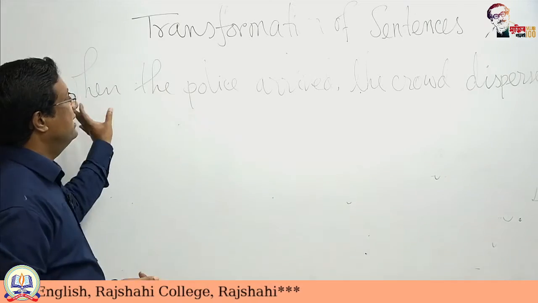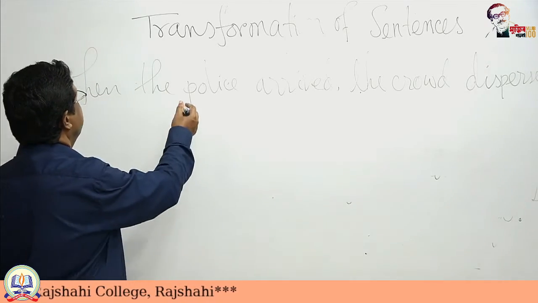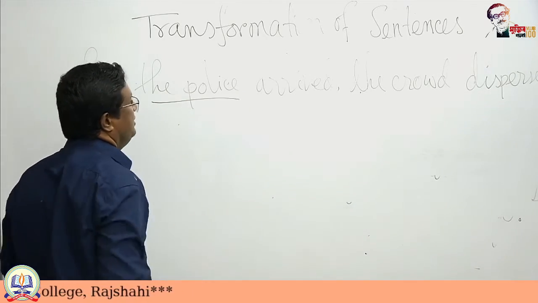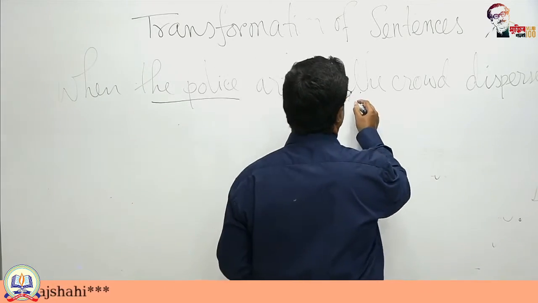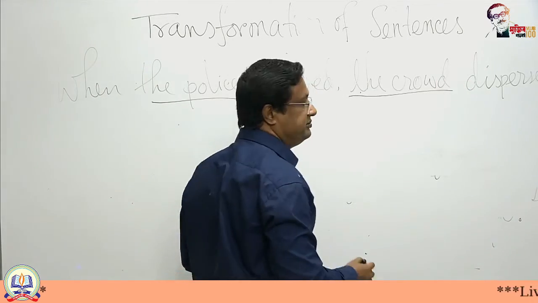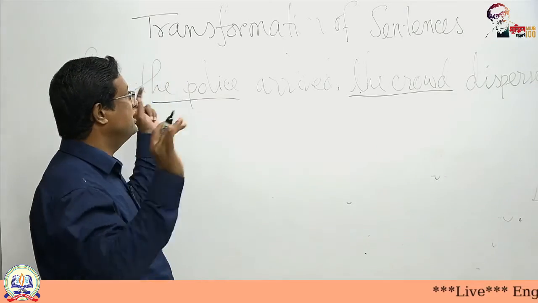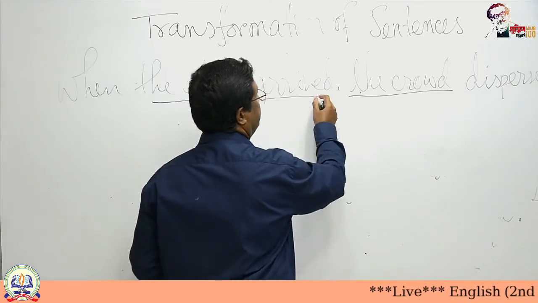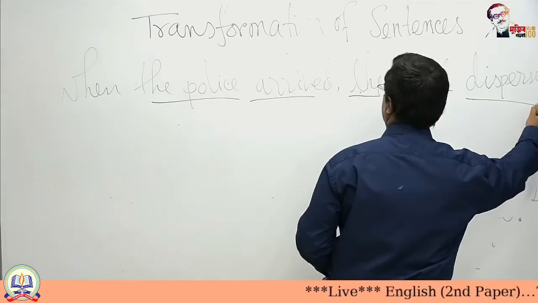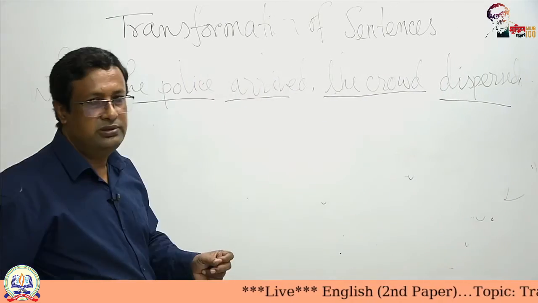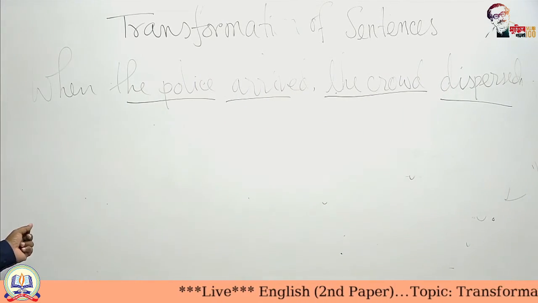When the police arrived, you see the subjects are different. The police and the next subject is the crowd. Not only that, verbs are also different, arrived and dispersed. So it is better to use any prepositional phrase here.